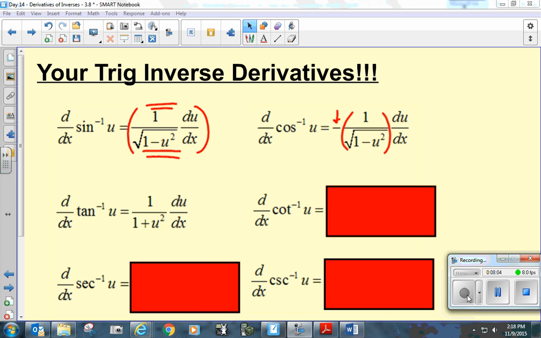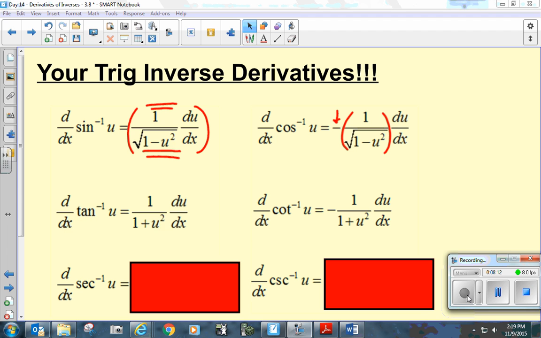They might give them to you as examples in the book because they've already given you the sine, cosine and tangent inverse derivatives. But there you go. It's the negation of the tan inverse. So it's negative 1 over 1 plus u squared times the derivative of u. Don't forget, chain rule in effect.